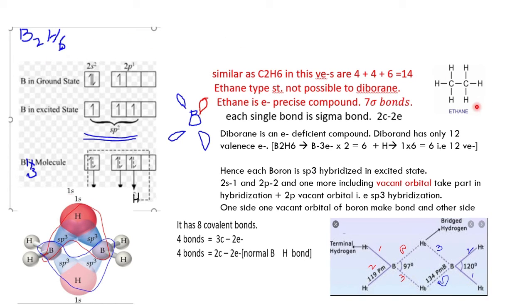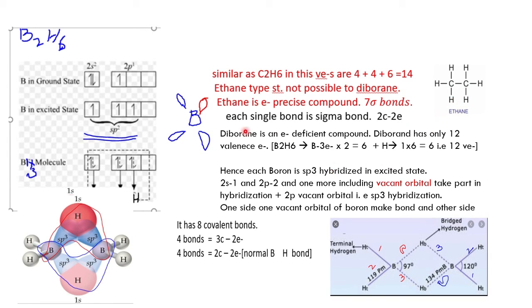The number of electrons here: carbon 4 plus 4, and H6 is 6 electrons, each hydrogen has one electron, so totally about 14 electrons are shared between them to make the compound.